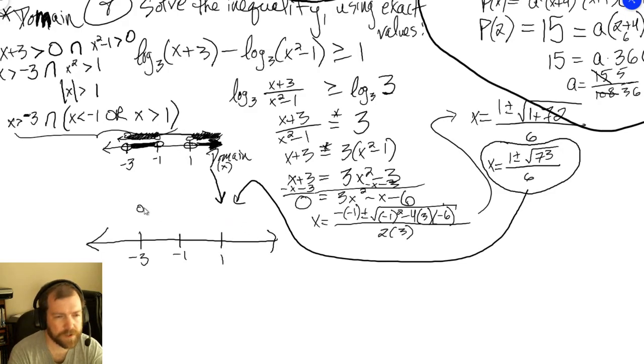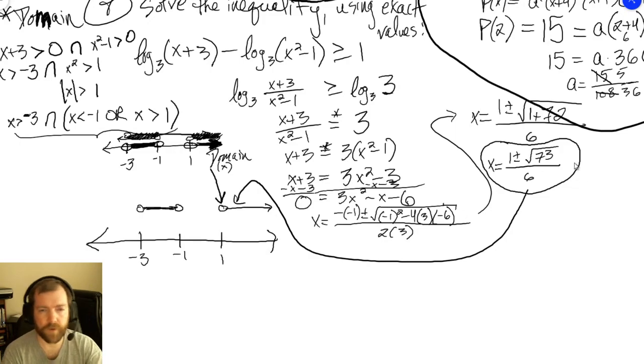We know that this is going to be our domain. Now we want to check again, where are these points? So 1 plus root 73 divided by 6, versus 1 minus.